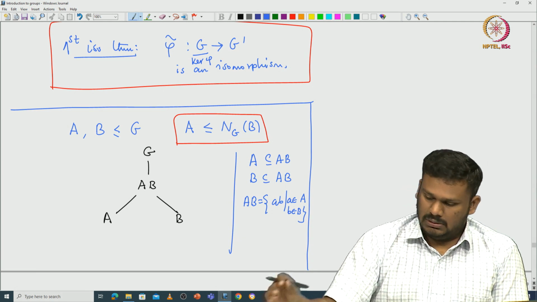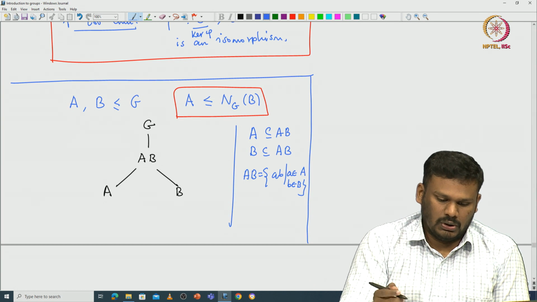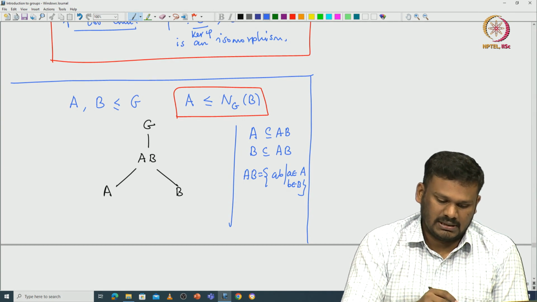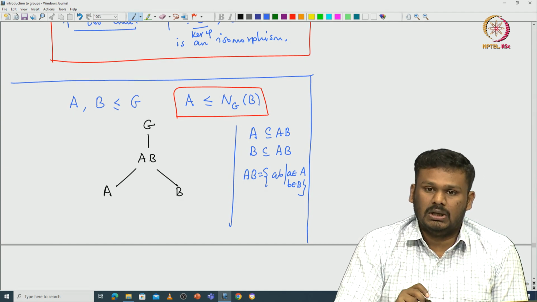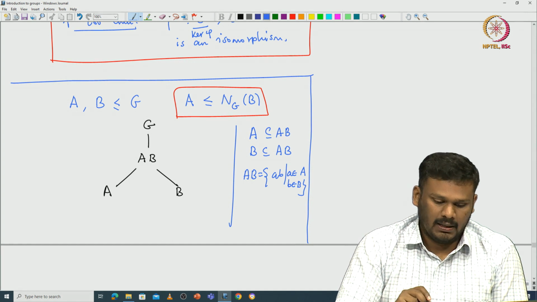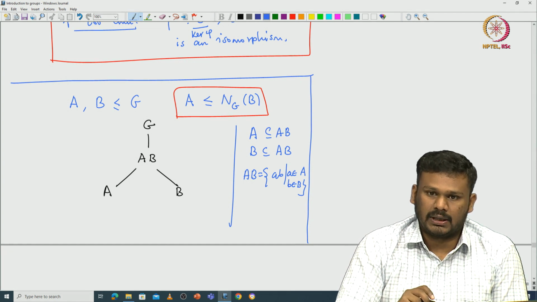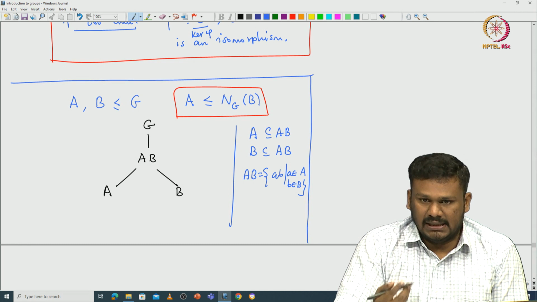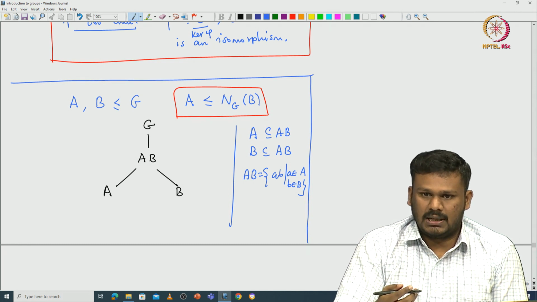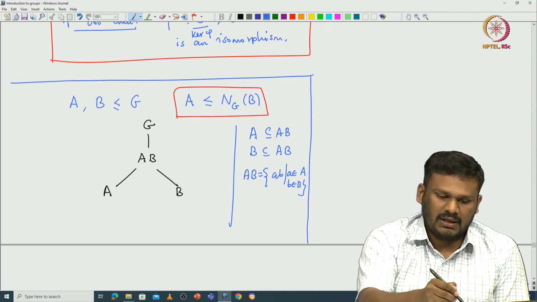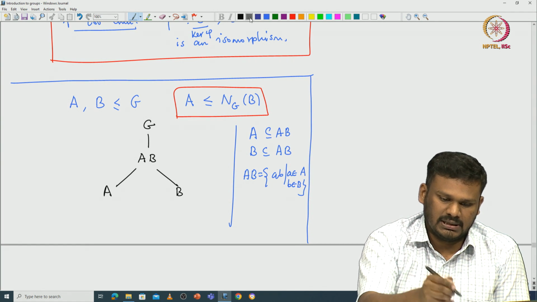Now, a priori this AB need not be a subgroup inside G, but it will be nice if it is a subgroup. In that situation, we can connect these things with the following.